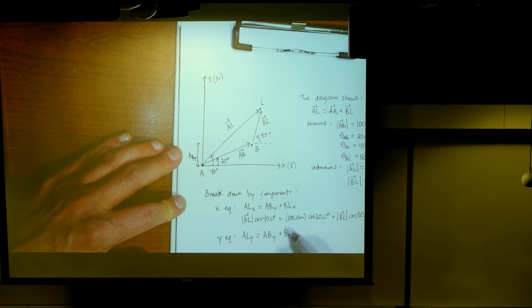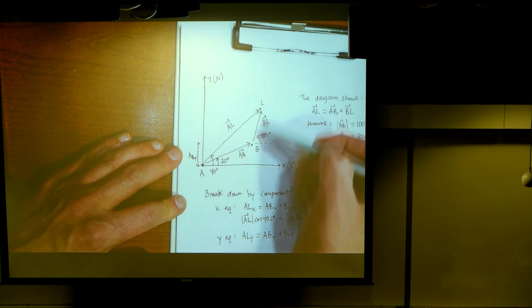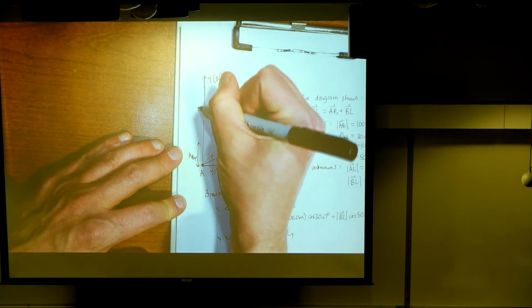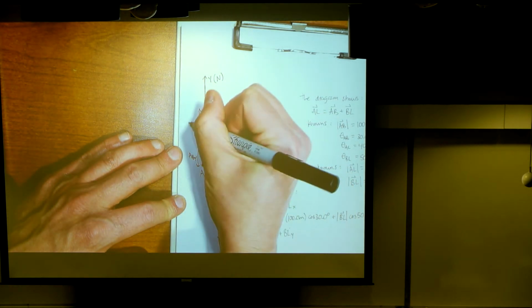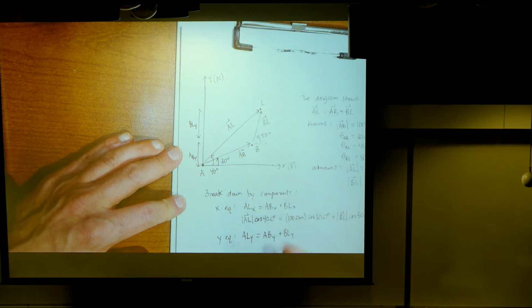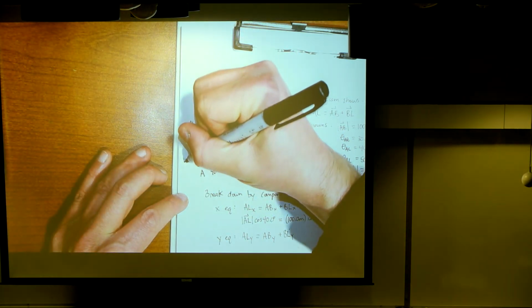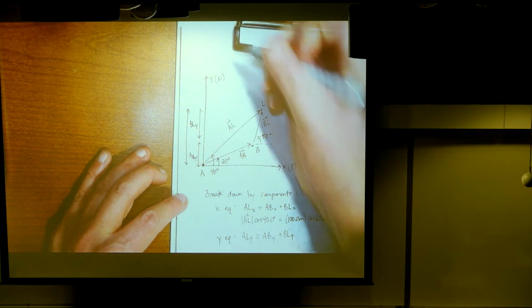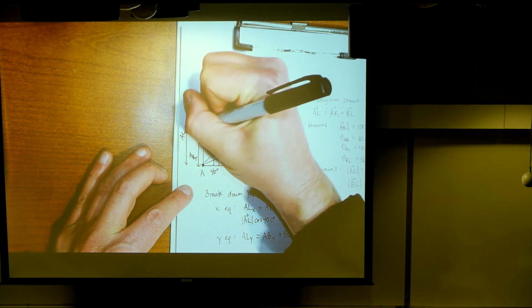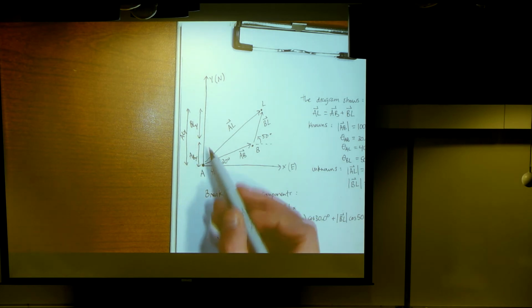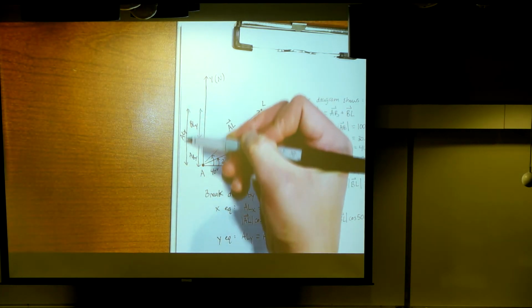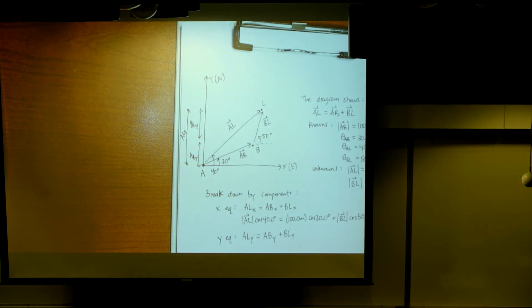And then same with BLY, that's just how this vector projects onto the y-axis. That would be this length over here. So that actually equals, if you look at the diagram, ALY, which is how our final vector projects onto the axis. So all this equation is saying is, this y component plus this y component gives us our resultant y component. That's the way to visualize it.